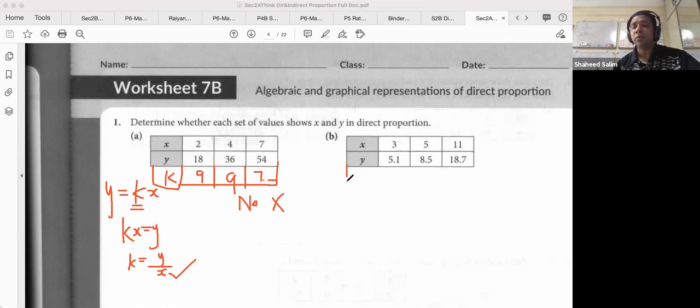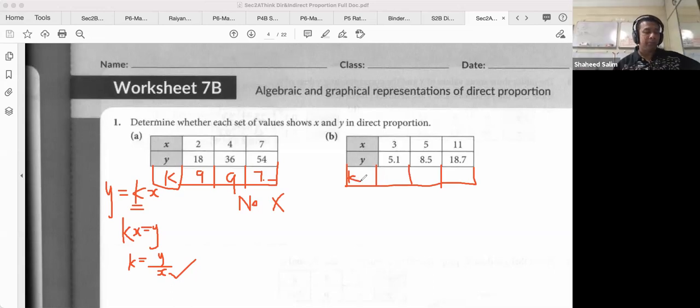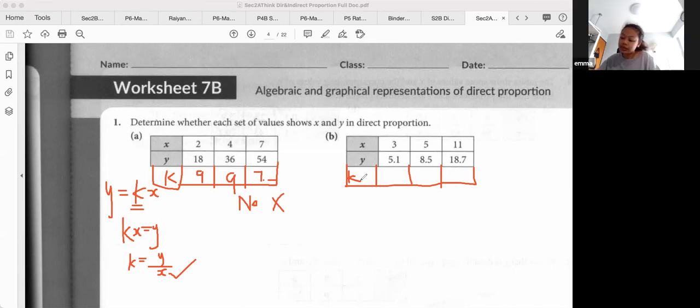Okay, so now you try this one. It's in direct proportion.